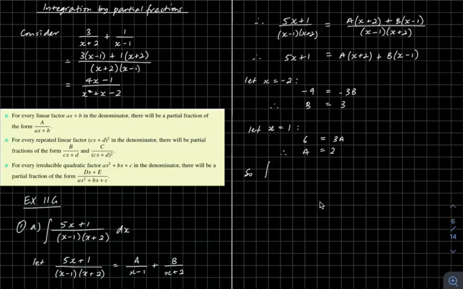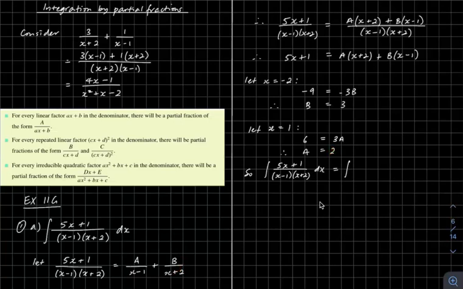So from all of that, what I can do now is express this rational function, or more complex fraction, as the sum of a over x minus 1 plus b over x plus 2. So a is 2 and b is 3.